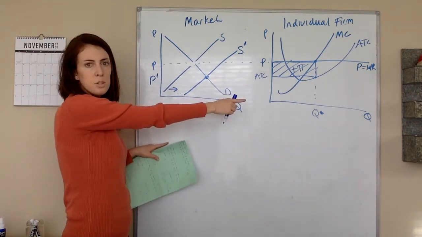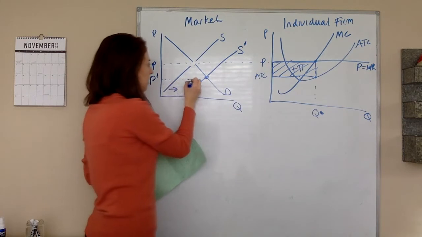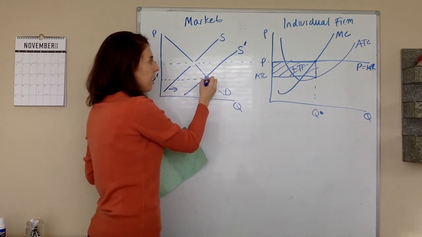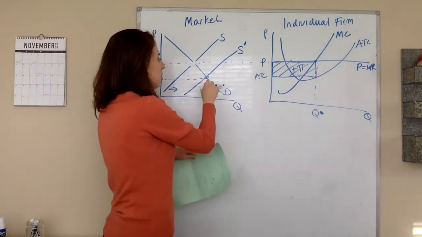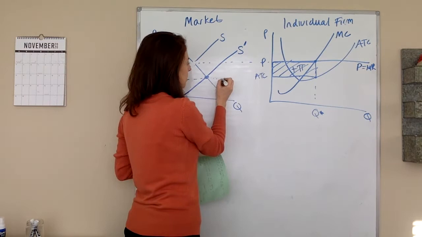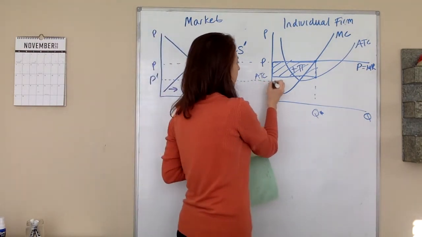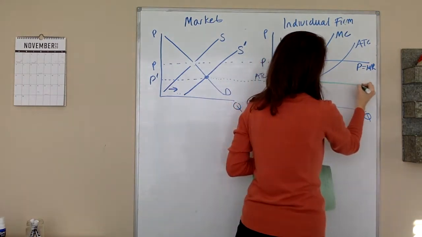The individual firms are going to have to respond. So if this is the new equilibrium price in the market, that means that these firms are going to have to just take the new equilibrium price. So this new equilibrium price in the market is going to carry over here, and all the firms over here are just going to take it.